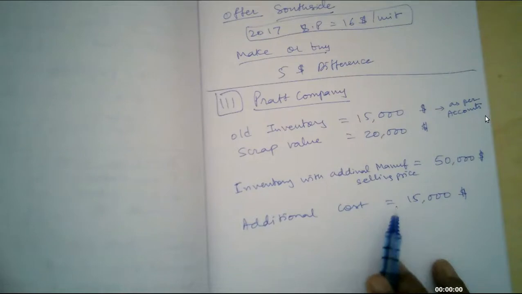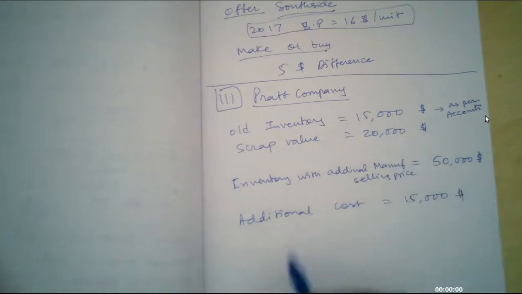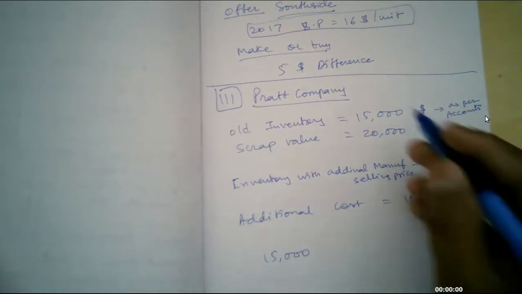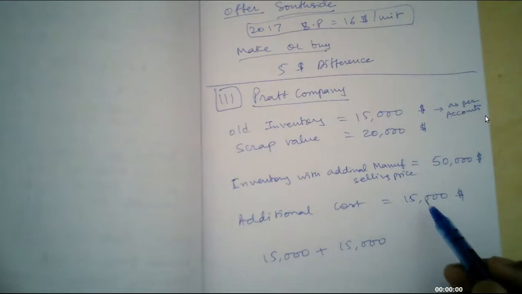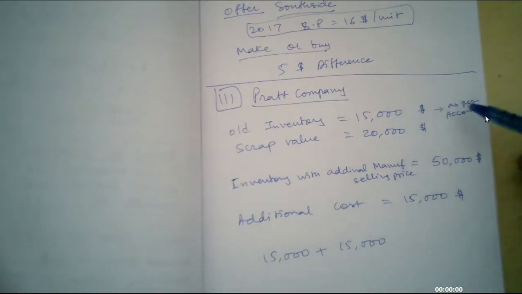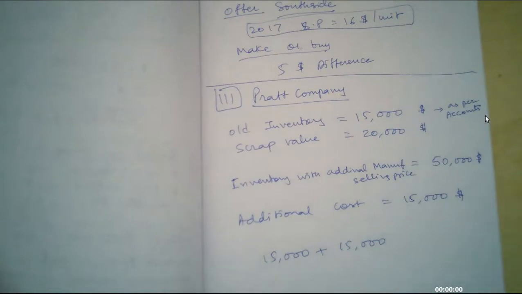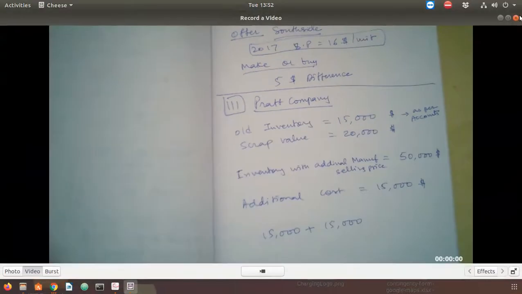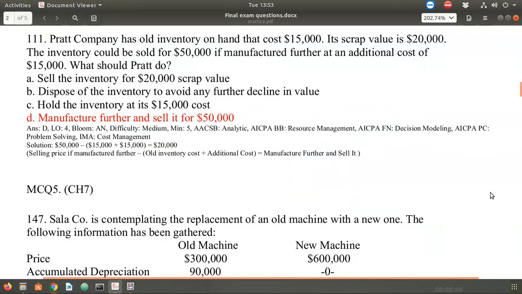Okay, so what will be the revenue that is earned? Your initial cost is $15,000, and to that an additional cost of $15,000. In fact, I'm sorry, this initial cost should not be considered because you already have this 15 in your accounts. Let me verify the answer. Okay, so we should consider it because you are anyway consuming this inventory.